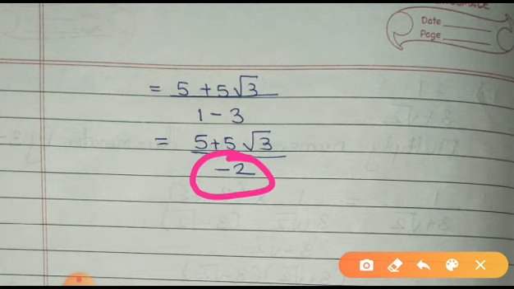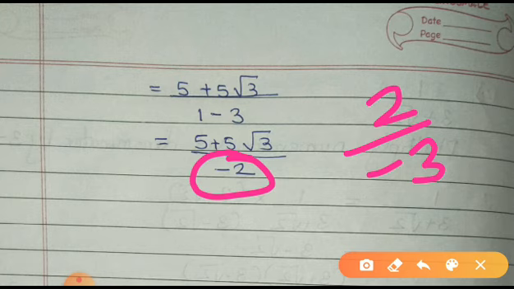I have to give it to the numerator. So if I have 2 by minus 3, is it the same as minus 2 by 3? Yes, you have done it in 7th standard. That means denominator's negative sign, I have to just give it to the numerator. It will be the same itself.